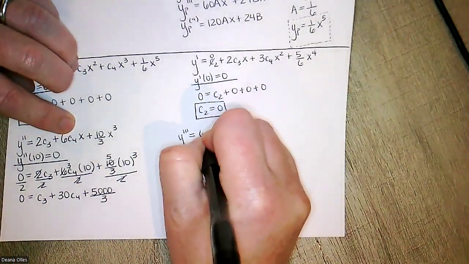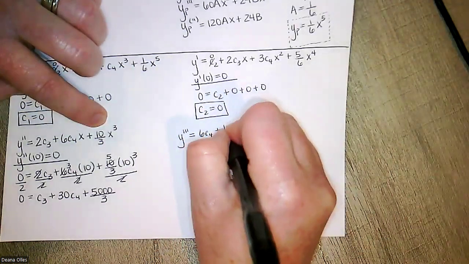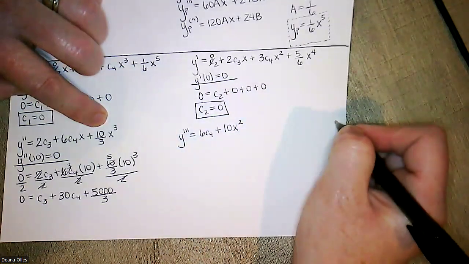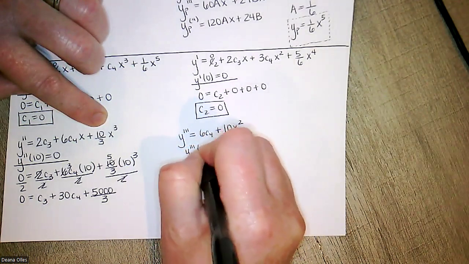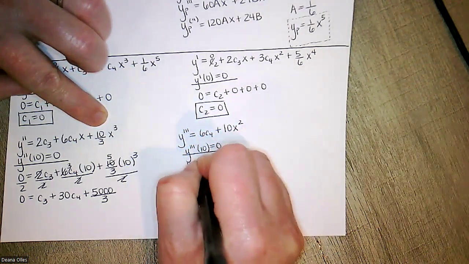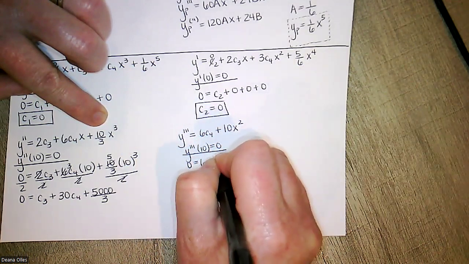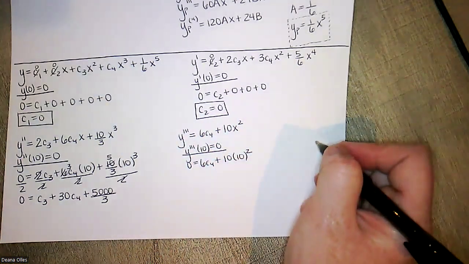Derivative of 6C4x is 6C4 plus, if I bring this 3 down, that's going to give me 10x squared. And we had that y triple prime of 10 was 0. So 0 equals 6C4 plus 10 times 10 squared.